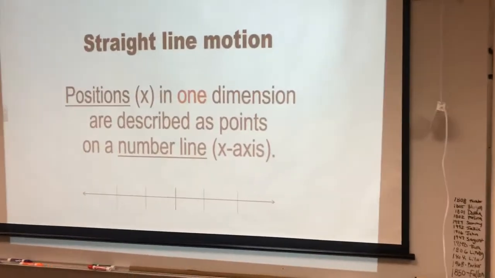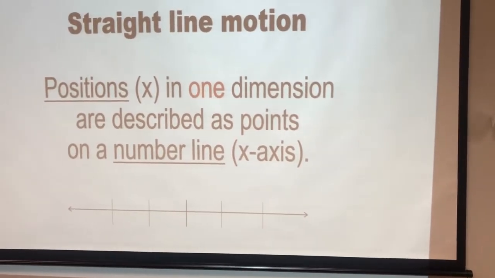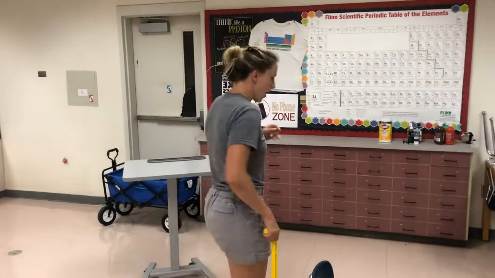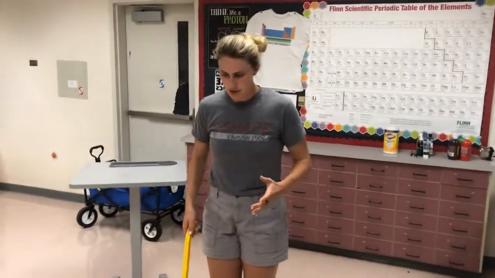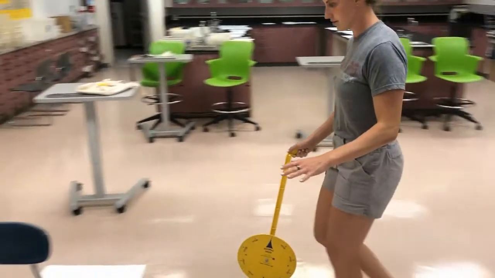So for straight line motion, positions x in one dimension are described as points on a number line. So let's take a look at this. I walked this way for 4 meters, and I got 4 meters. What would be the difference if I walked this way for the exact same amount of distance?